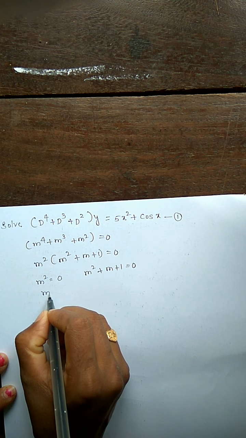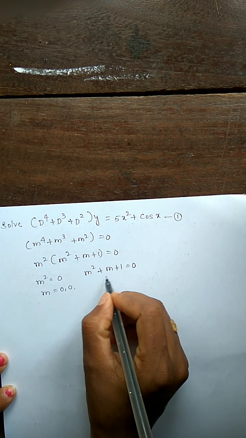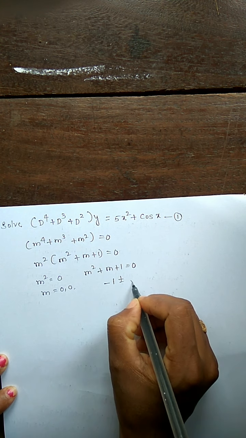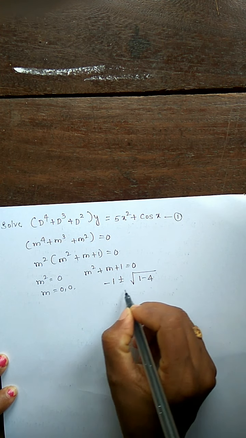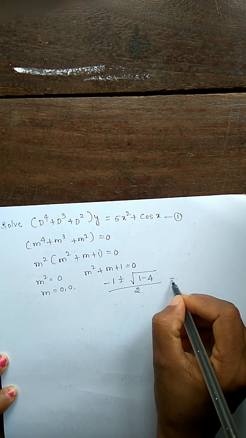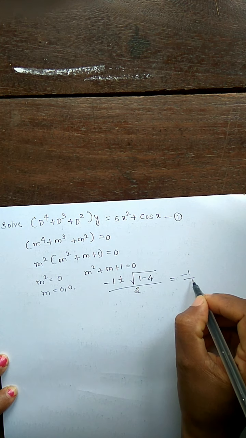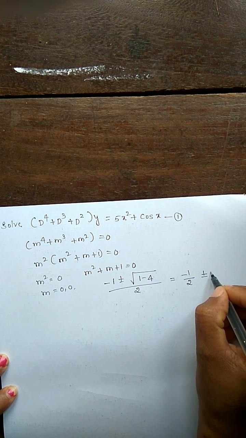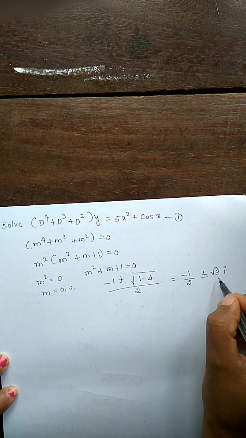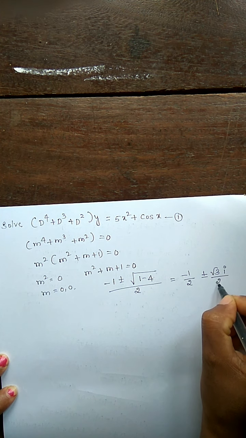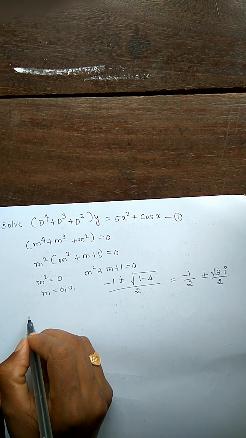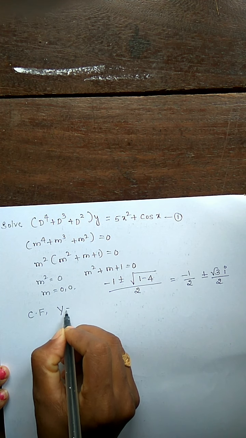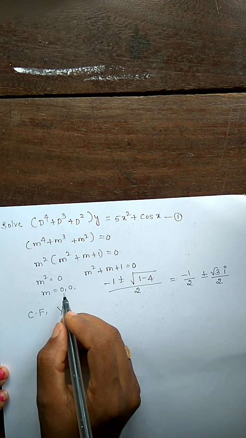Here m square is equal to 0 means m is equal to 0, 0. By using the formula here, we can write minus b, that is minus 1, plus or minus square root of 1 minus 4, divided by 2. That is equal to minus 1 by 2 plus or minus root 3 i by 2. So therefore the complementary function can be written as y is equal to, first observe that repeated root 0, 0.